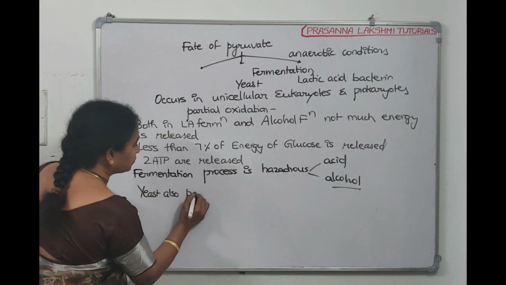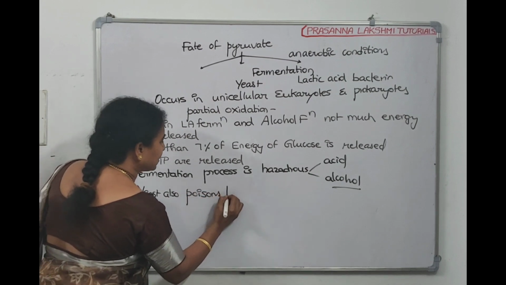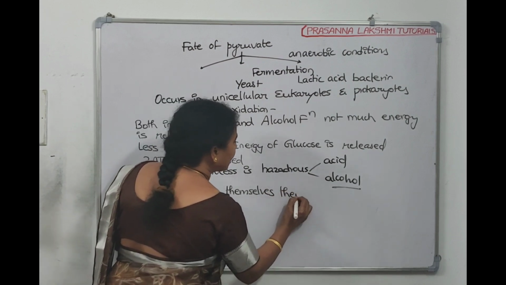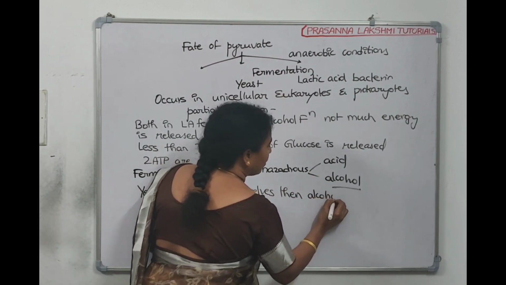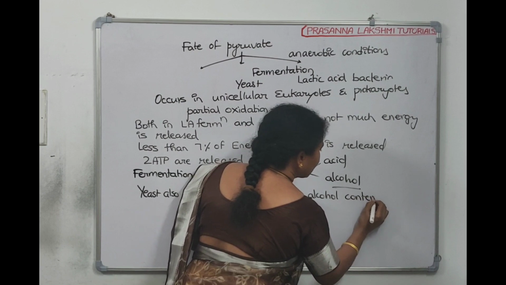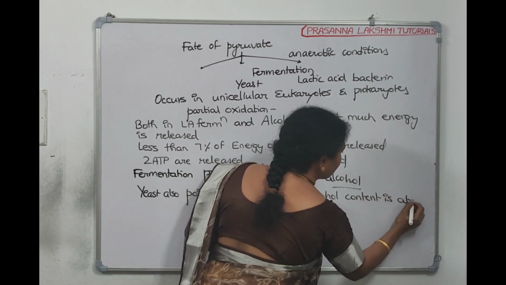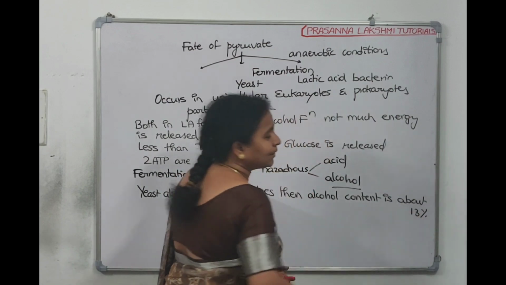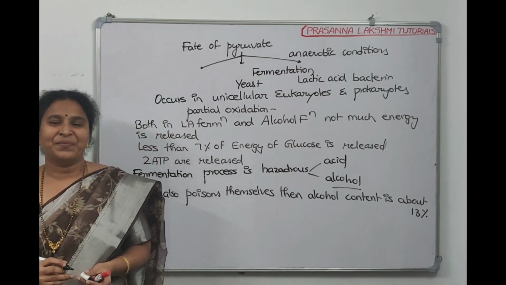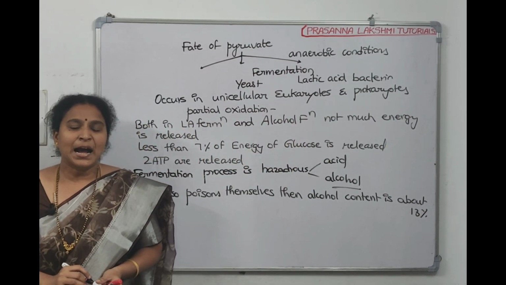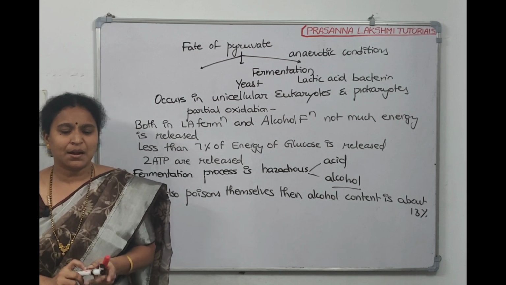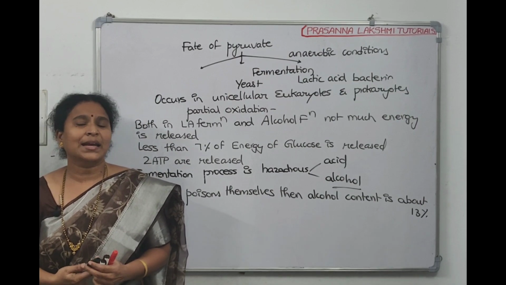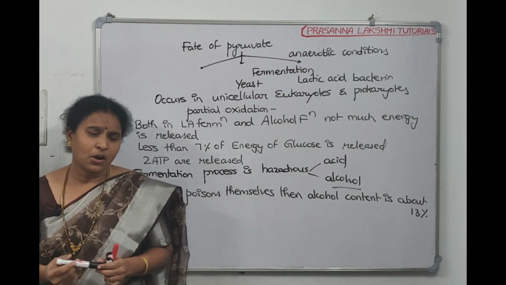If the alcohol content is about 13%, then yeast will die. That means under natural fermentation, when making liquor, only 13% alcohol can be made.